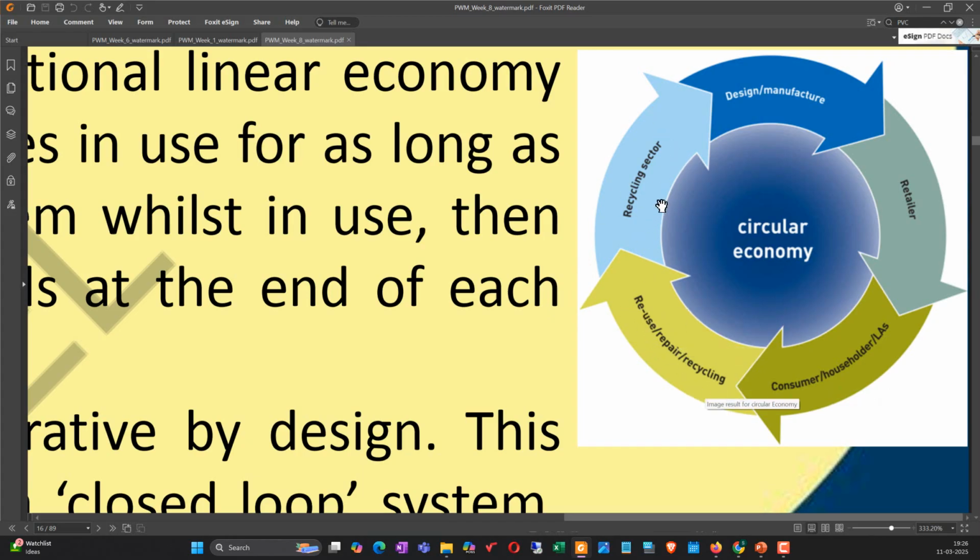And this recycling sector gives the recycled plastic back to the design manufacturer, so that the product is formed again, and distribution happens through the retailer to the consumer, and this cycle goes on. So that is the agenda.